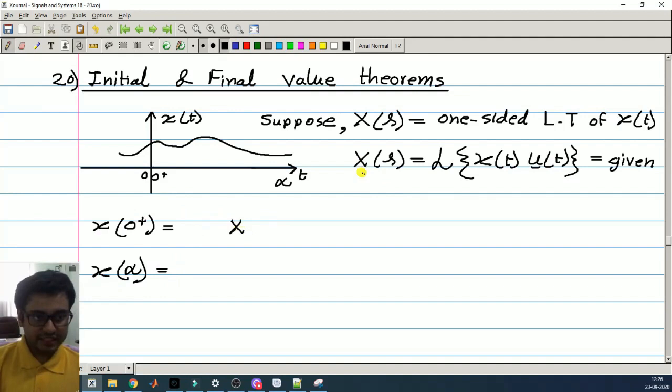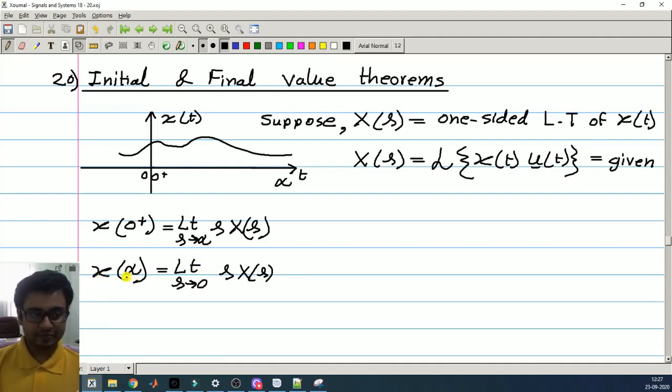Multiply this X(s) with s and then take the limit s tending to infinity. That will give x(0 plus). And if you multiply X(s) with s and take the limit s tending to 0, then that will give x(infinity).